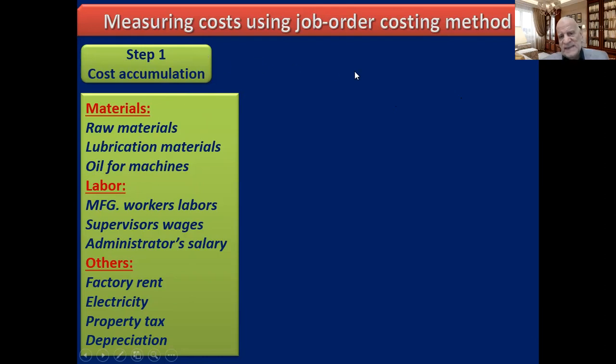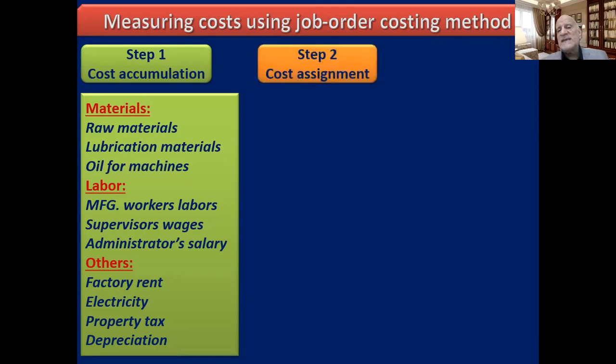This second step is called cost assignment. In this step, we take each cost element and try to assign it to the job orders which benefited from this cost item.